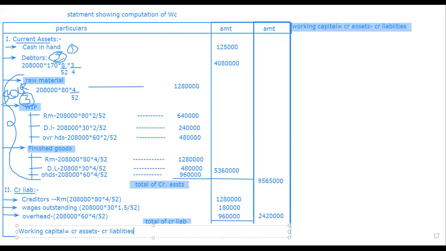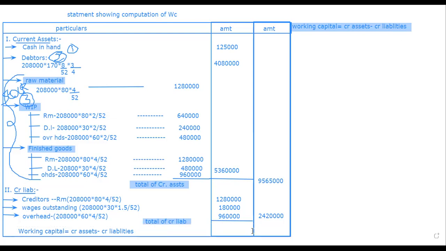So whatever you are going to get, that will be our answer. So let's do it now. 95 lakh 65,000 minus 24 lakh 20,000 is equal to 71 lakhs 45,000.